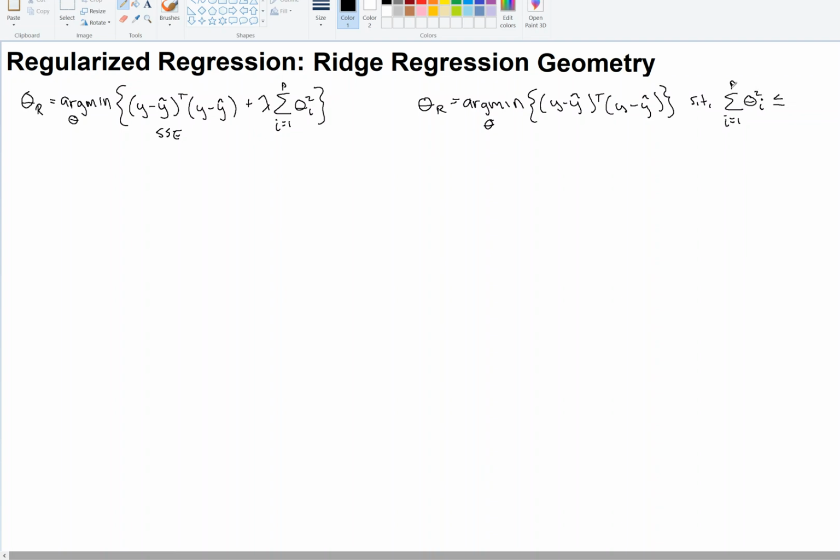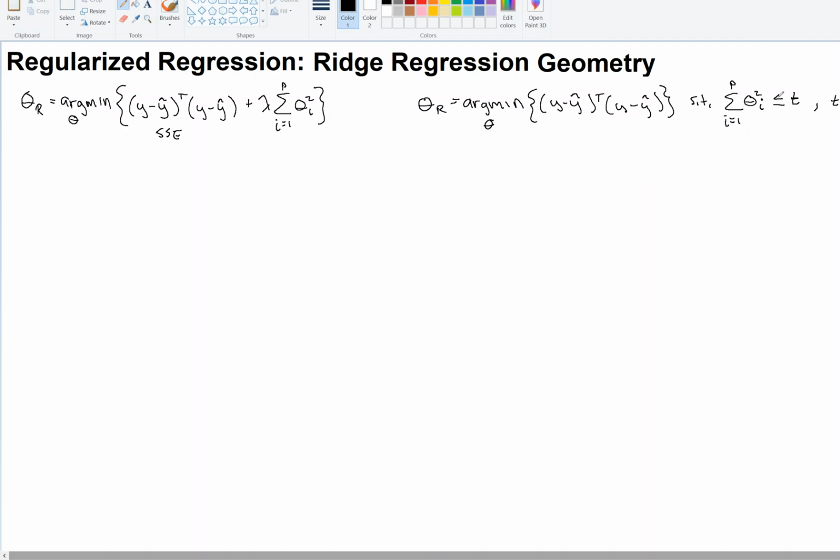So this model complexity has to be less than or equal to some parameter, and we're going to call that parameter t. Here we have a parameter in this formulation, and here we had a parameter in that formulation, and lambda is kind of playing the role of t and vice versa. We're trying to minimize the sum squared error, but we're not going to let our model become too complex. This is just an alternative formulation, and t has to be greater than or equal to 0, just like lambda had to be greater than or equal to 0.